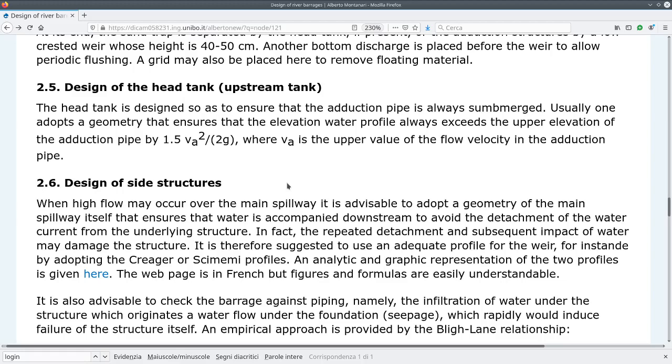If you are expecting out of the main spillway very turbulent flow with a very relevant amount of discharge, then it's more appropriate that you build a structure that makes sure that the water flow is accompanied downstream.